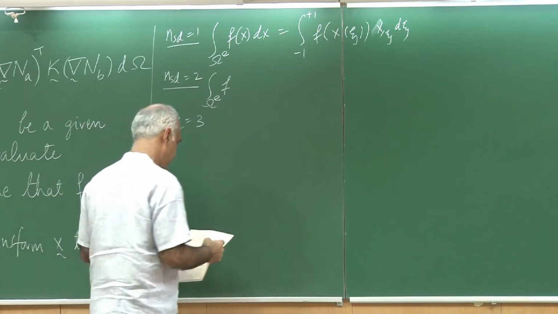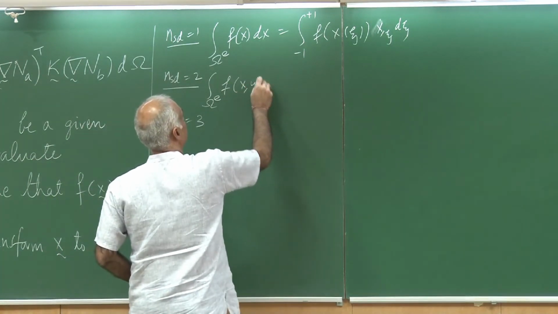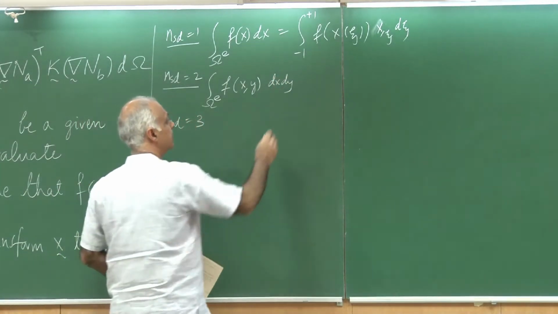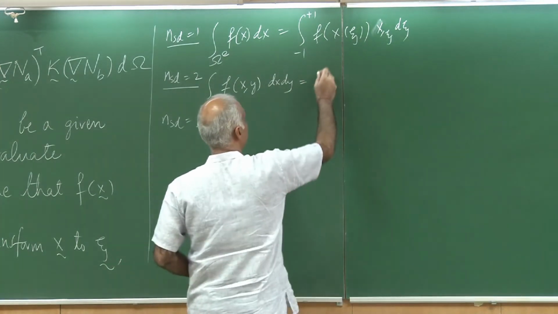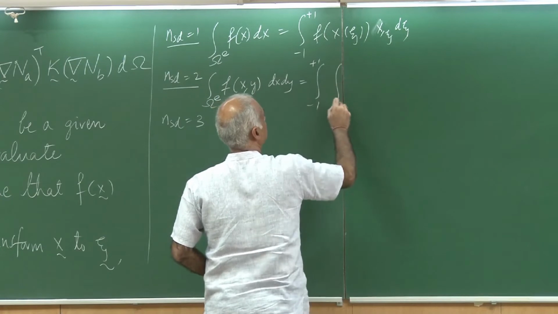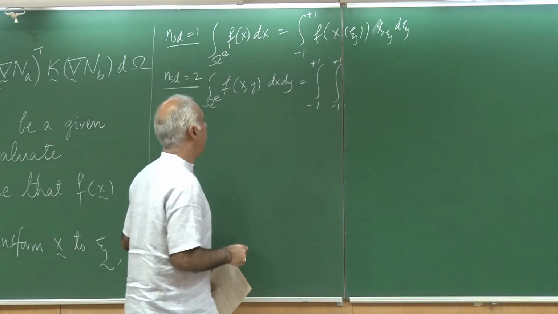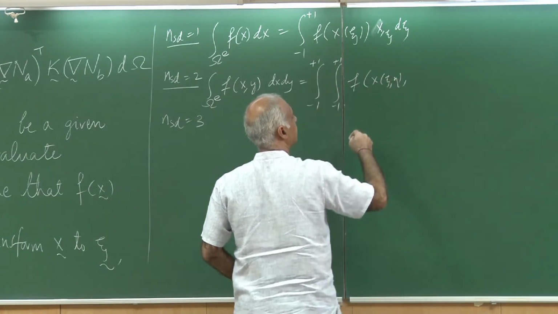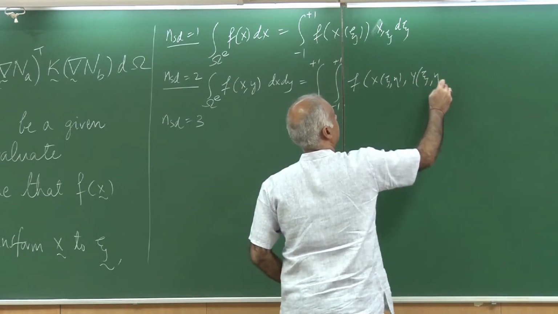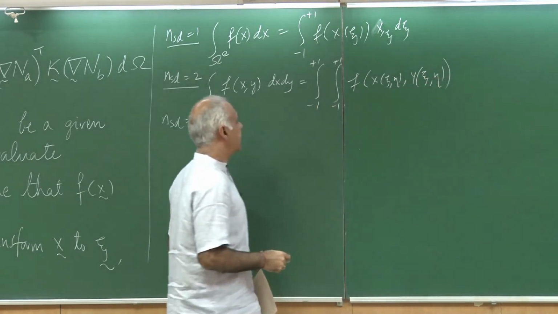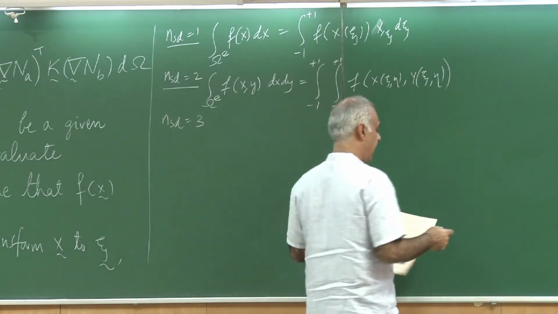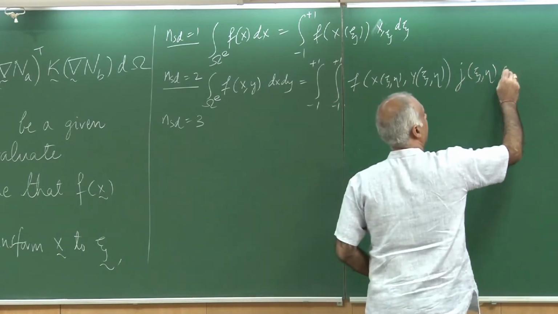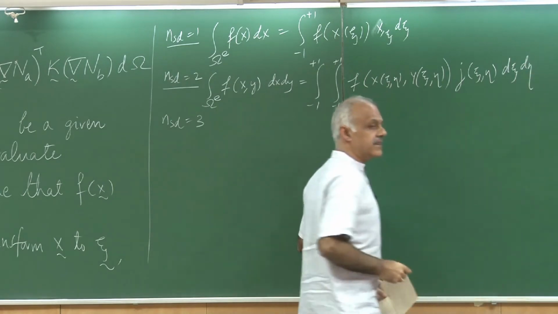So, now I have f is going to be a function of x and y, and this is dx dy. So, I am going to write this as a double integral, minus 1 to plus 1, minus 1 to plus 1, of f, where now x is a function of xi, eta, and y also is a function of xi, eta, and as far as dx and dy are concerned, I would like to write this simply as J, the Jacobian, and this would be d xi d eta.